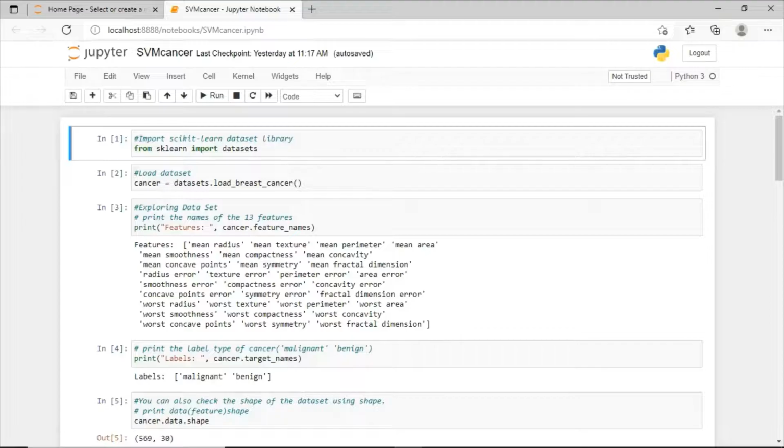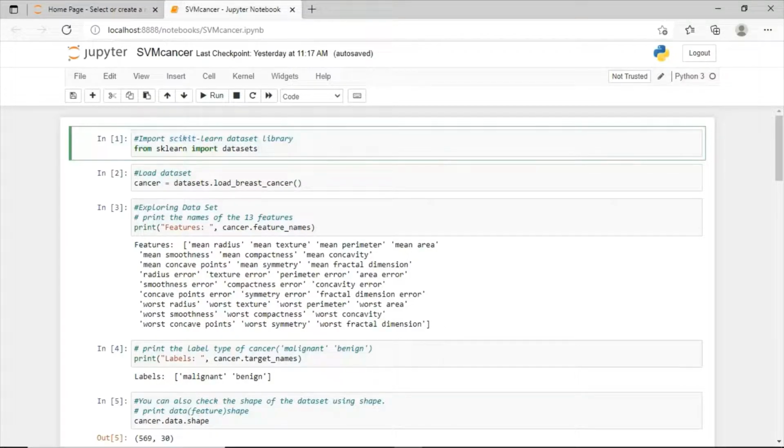I have created this code for you all and I have documented this code also. So try to understand the simple steps that we have to follow while writing the SVM algorithm. First, you have to import the data set. I am importing this data set from this library.